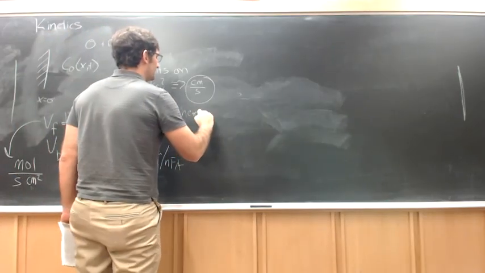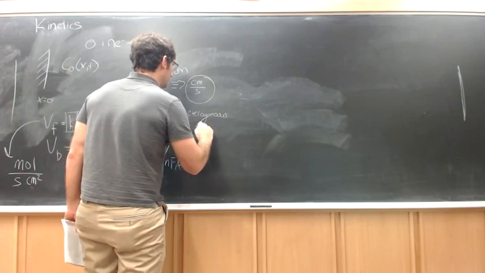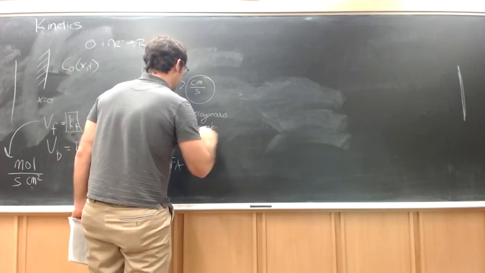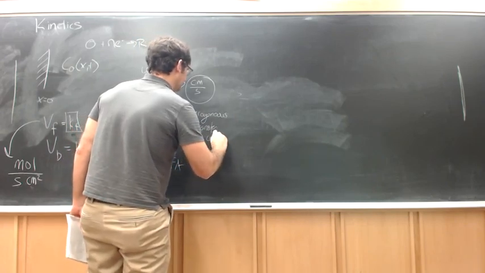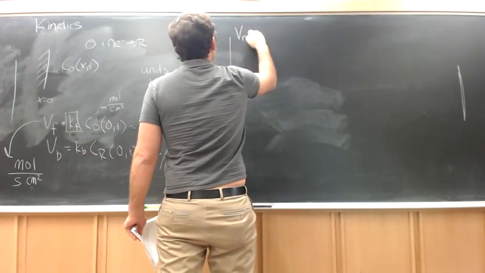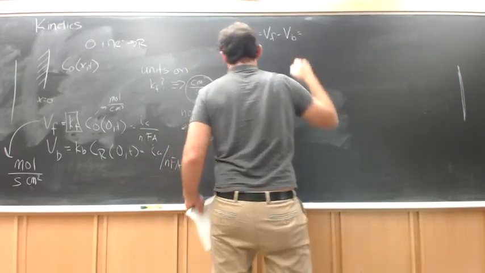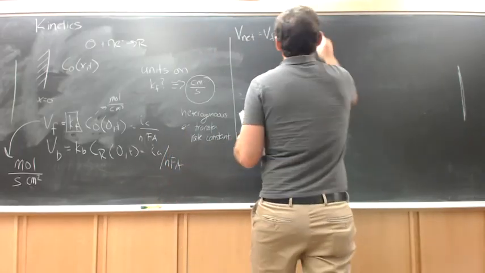So this is a heterogeneous electron transfer rate constant. So the net rate equals the forward rate minus the backward rate, just the difference of these two things.